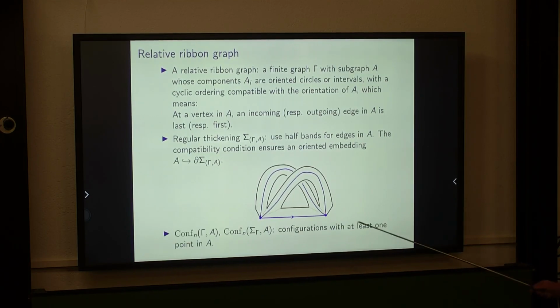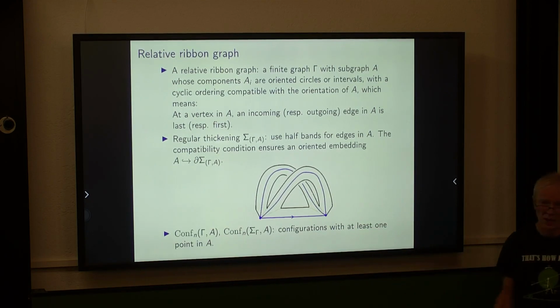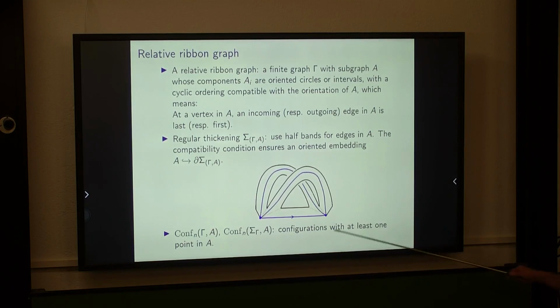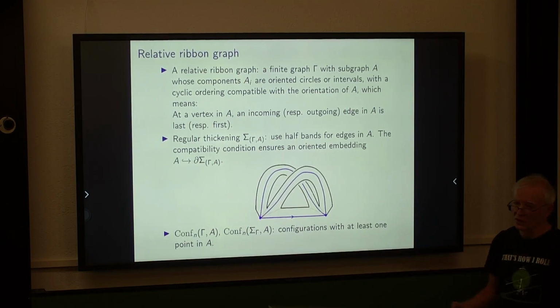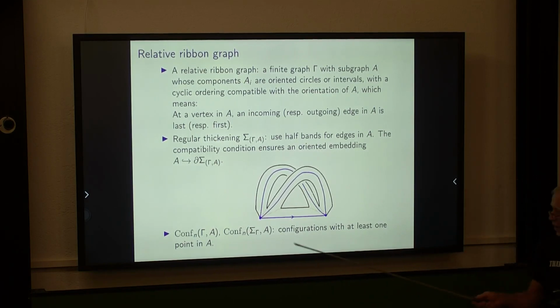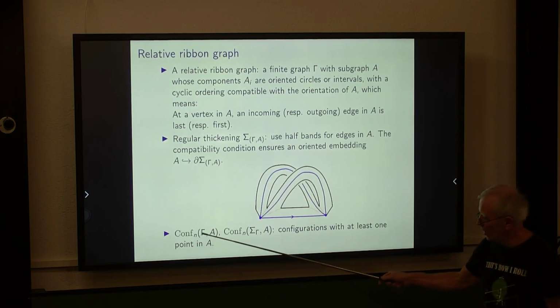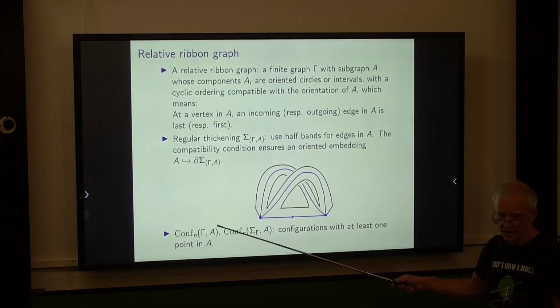So now we take a subspace of the configuration, which you think of as part of the boundary of the configuration, where you have at least one point in the subspace. I will denote this by Conf_n(Γ, Γ_A).